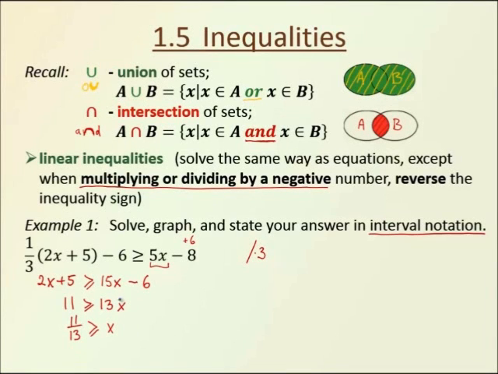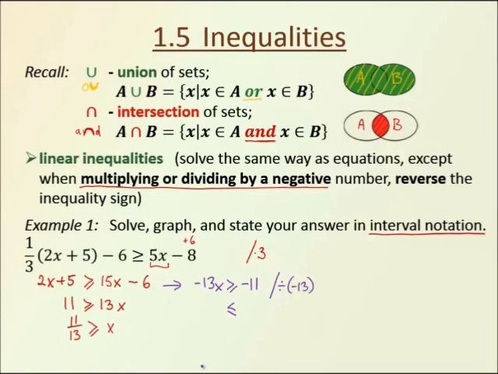Notice that if I had brought the x's to the left at that stage, I would get -13x bigger or equal -11. And then I would have to divide by -13, which causes switching the inequality into the opposite sign.